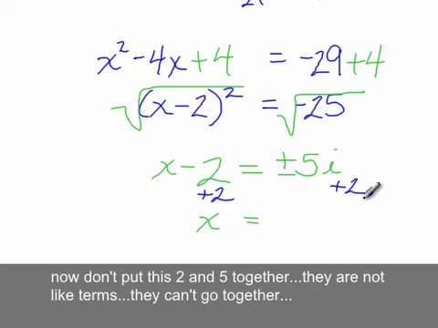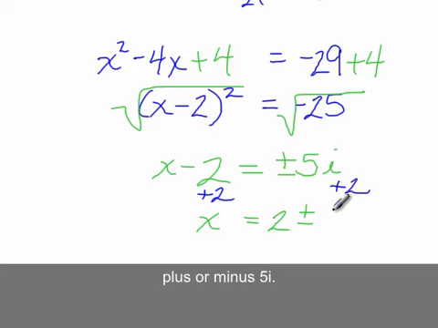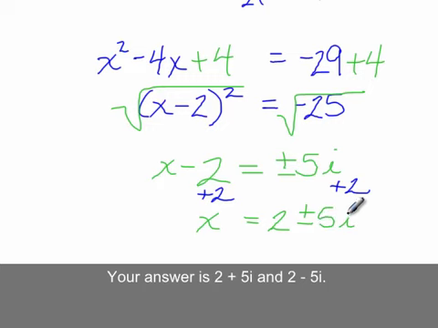Now don't put this 2 and 5 together. They're not like terms. They can't go together. The plus or minus is with what? The 2 or the 5i? The 5i. Don't put it with the 2. The 2 is positive, so it'd just be 2 plus or minus 5i. Your answer is 2 plus 5i and 2 minus 5i.